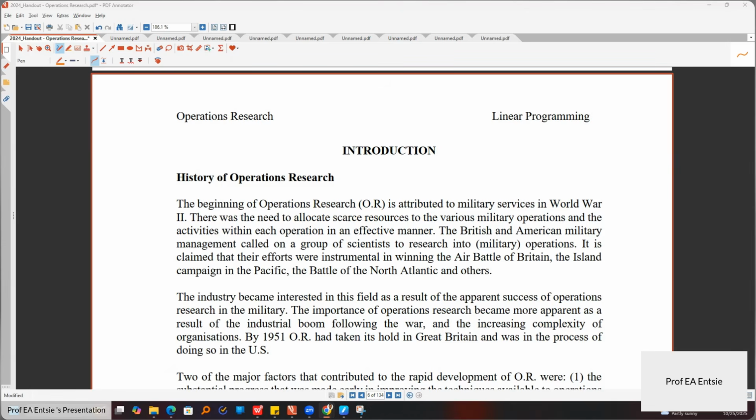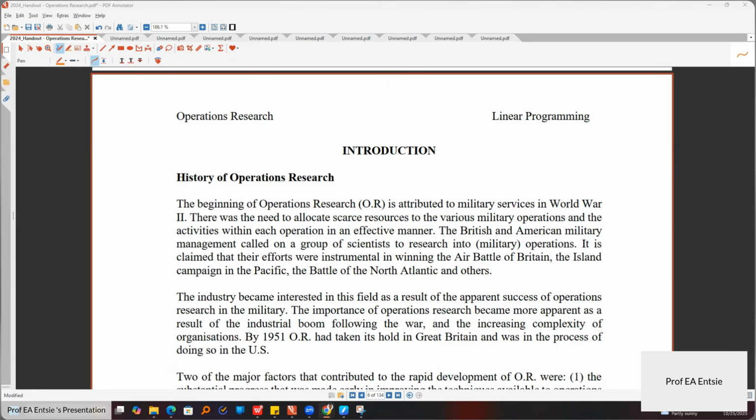There was the need to allocate scarce resources to the various military operations and activities within each operation in an effective manner. The British and American military management called in a group of scientists to research into military operations. All right, so as it goes, this operation research was developed by American and British military management when World War II arose.